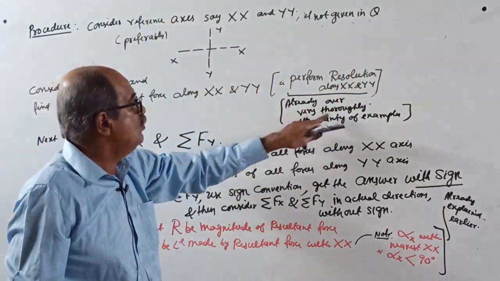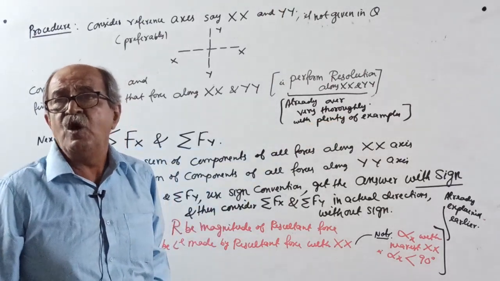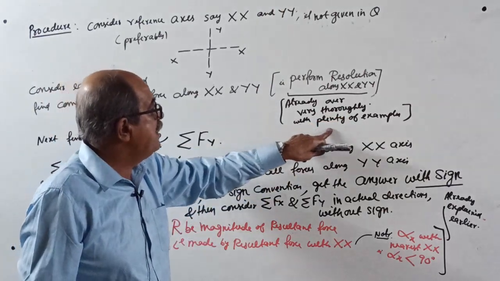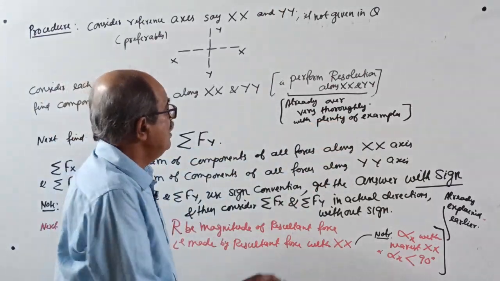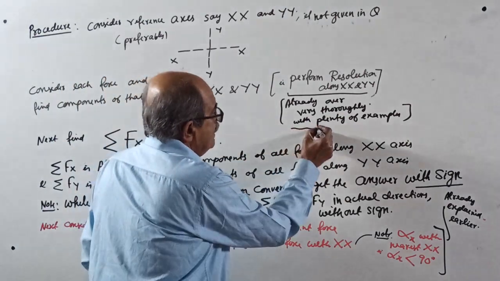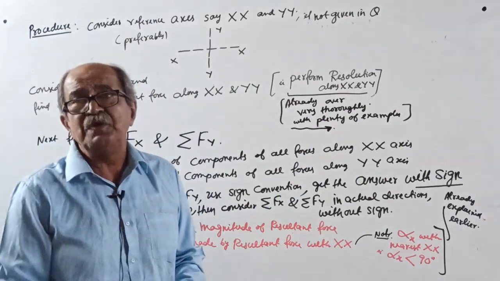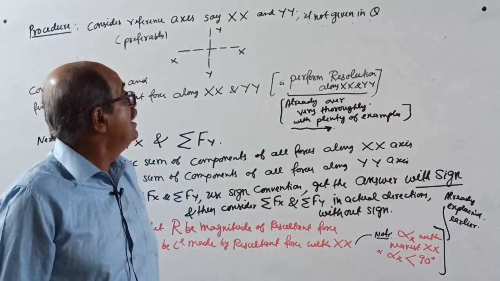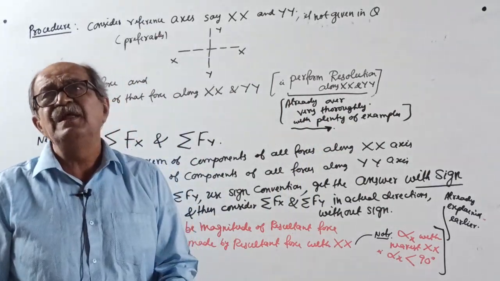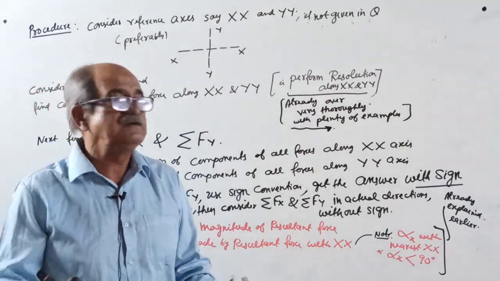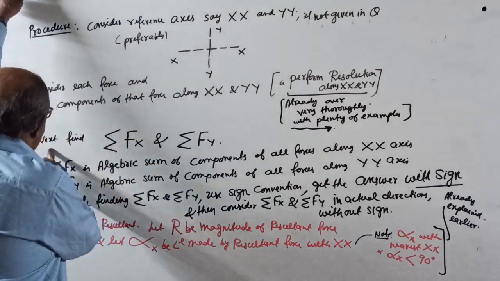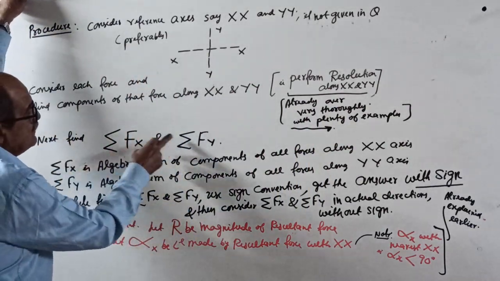Already over very thoroughly what you are doing all these days with plenty of example. Therefore, if not clear, better not continue my class. After so much of explanation, if you still ask, sir, how to resolve, I will tell you, you are not fit to be my student. Okay. Next, find sigma Fx and sigma Fy.